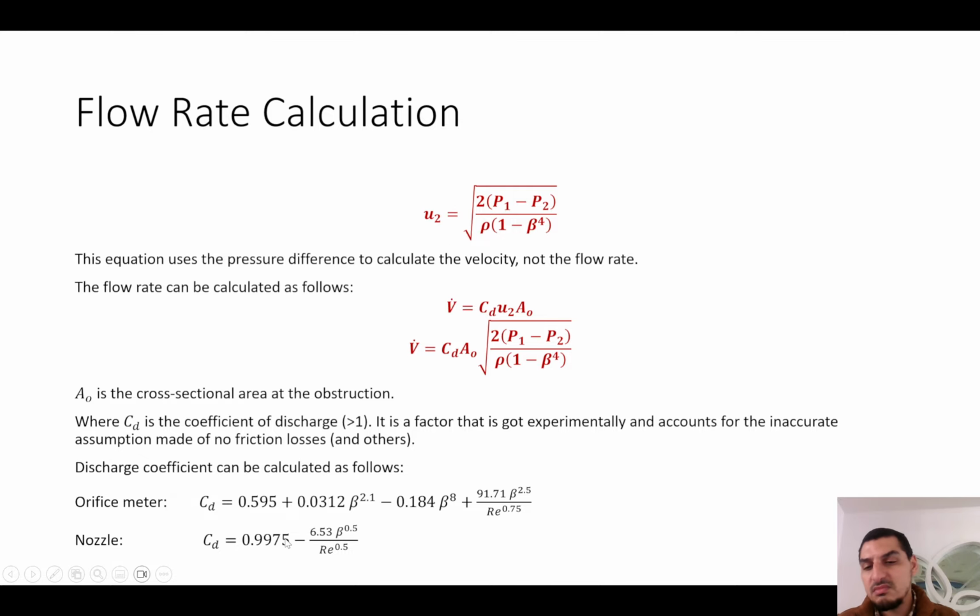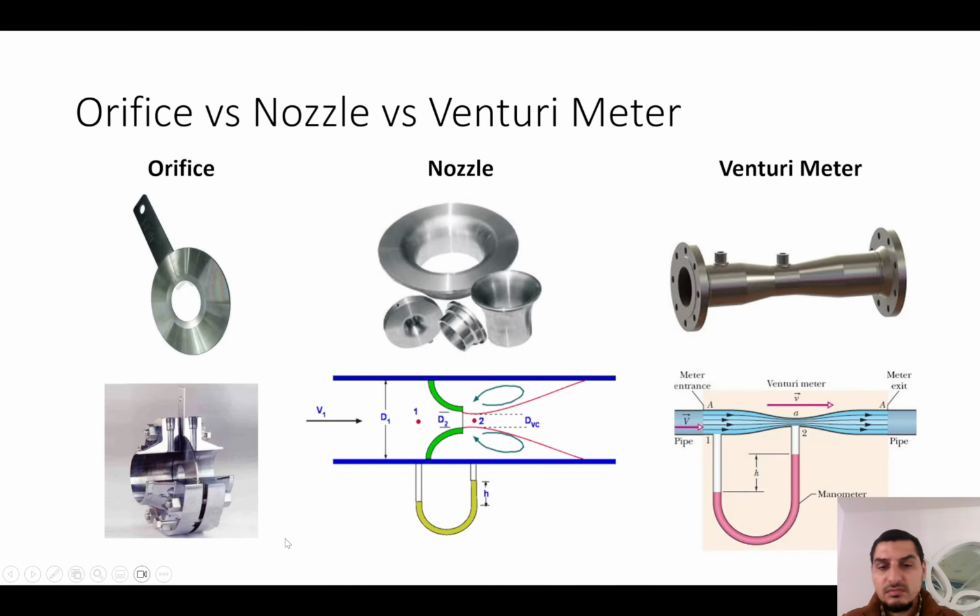It's going to be more than 90%. Okay, so these are the three types. This is the orifice. The orifice is just a disc. And you can imagine a flow going from a big area through this disc suddenly, and this is going to cause a lot of losses.